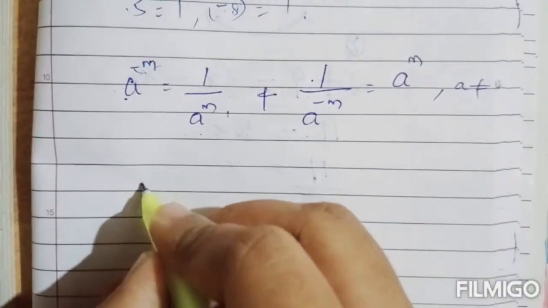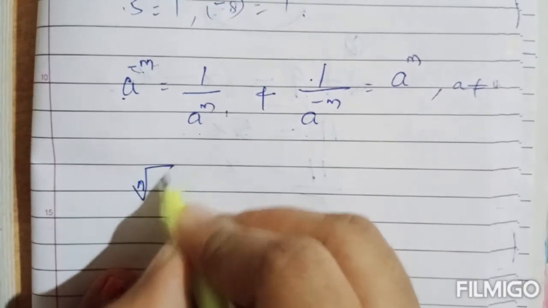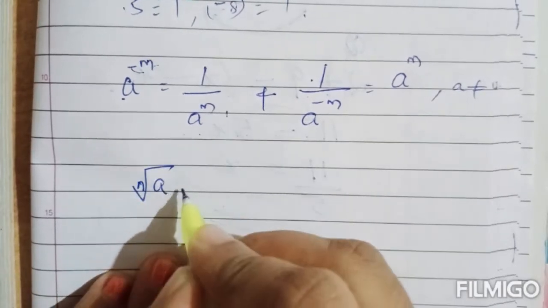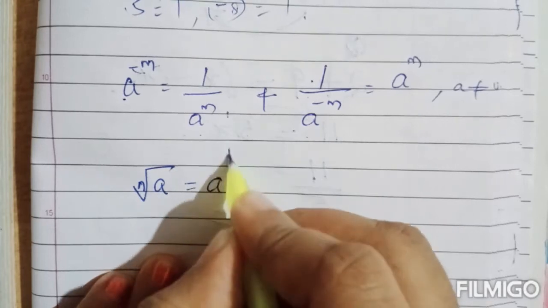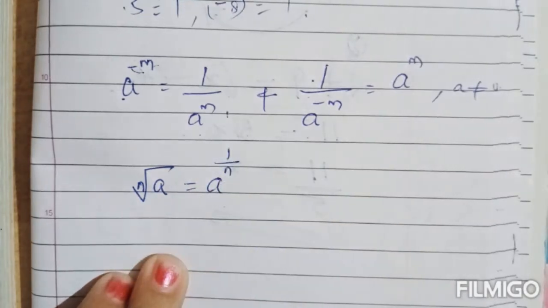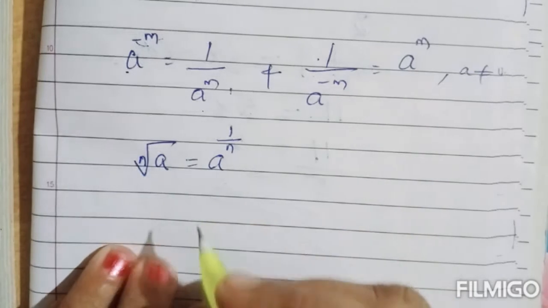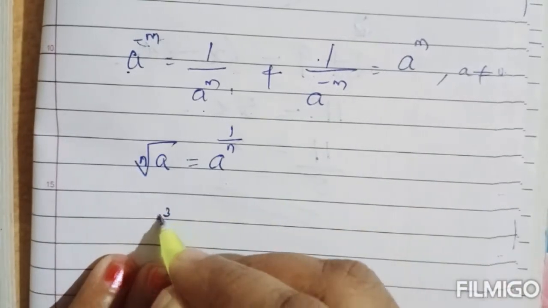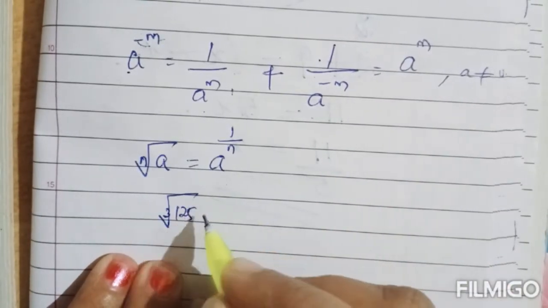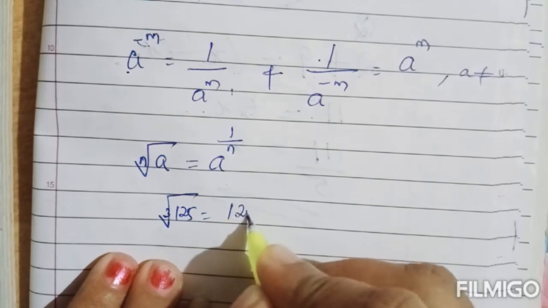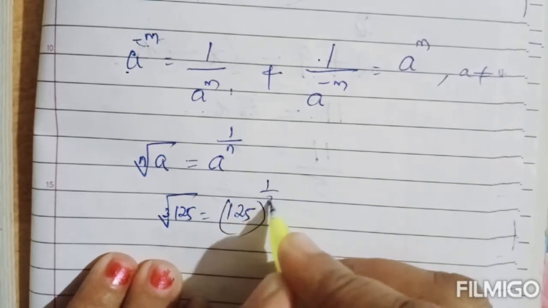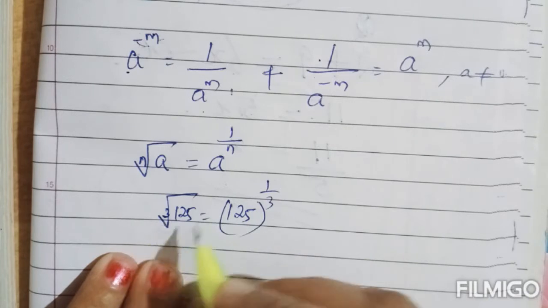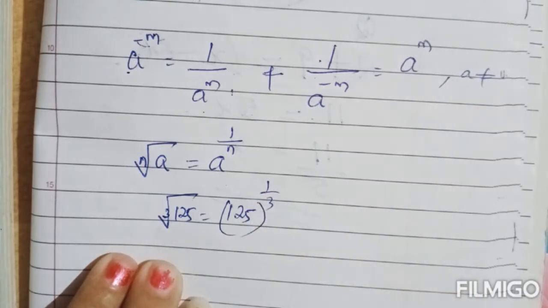Now fifth one. Nth root of a. You can write it as a raised to 1 by n. So let us take example cube root of 125. We can write it as 125 raised to 1 by 3. This cube root we can change it as raised to 1 by 3.